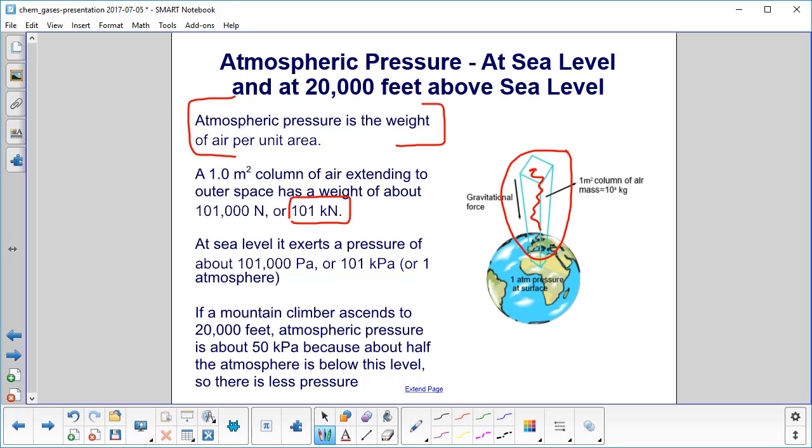At sea level, it will exert a pressure of 101 kilopascals. All right, we just divided the force by the area. We're going to call that 101 kilopascals 1 atmosphere.